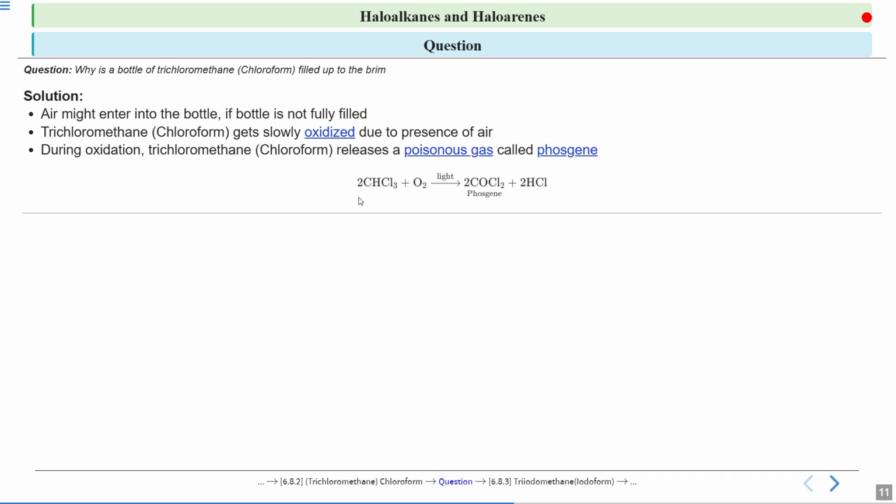So when this chloroform, CHCl3, is oxidized in the presence of air, that is oxygen, and also light, then you will get a gas called phosgene, which is a poisonous gas, very harmful, plus twice of hydrochloric acid as your byproduct.